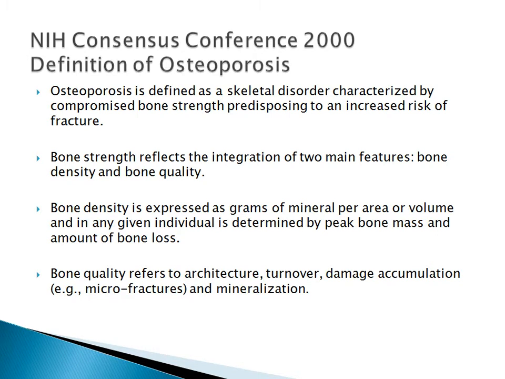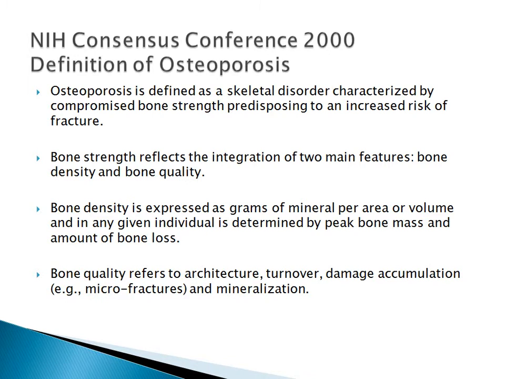The NIH convened in 2000 to develop a new definition of osteoporosis, and the NIH Consensus Conference definition is as follows. First, osteoporosis is defined as a skeletal disorder characterized by compromised bone strength, predisposing to an increased risk of fracture.